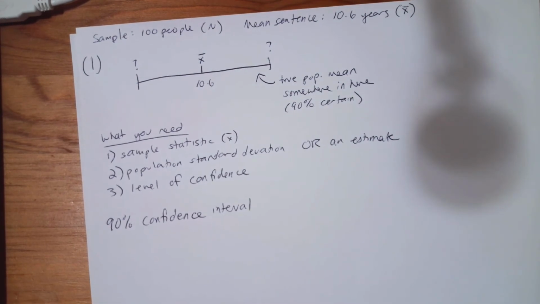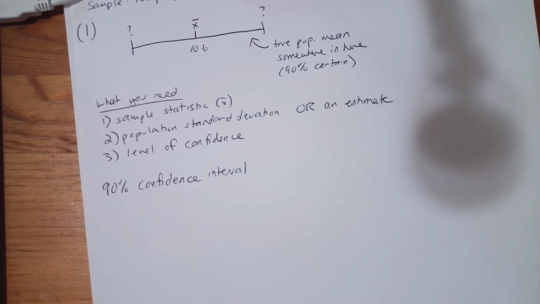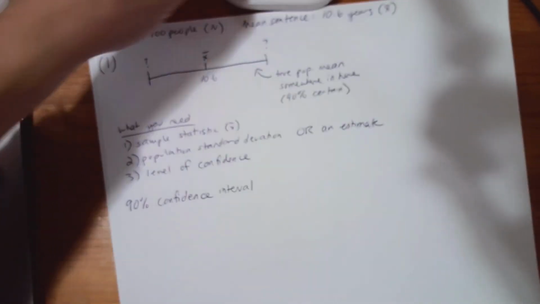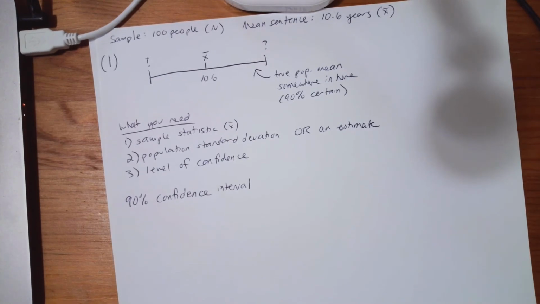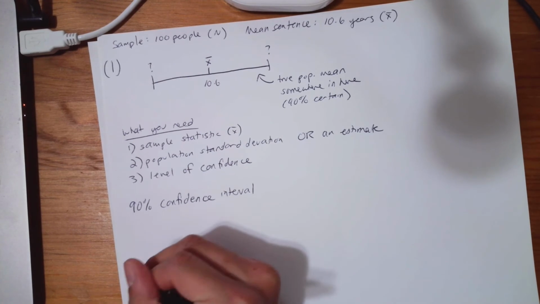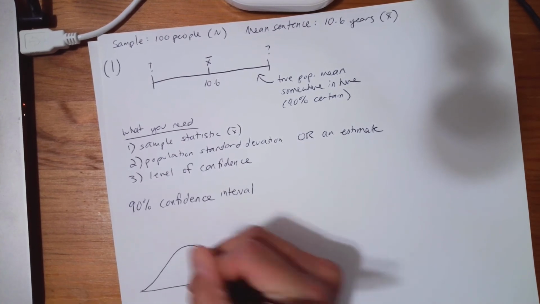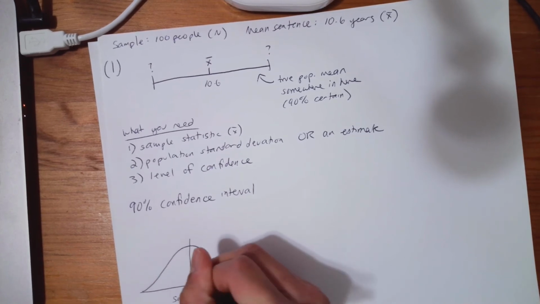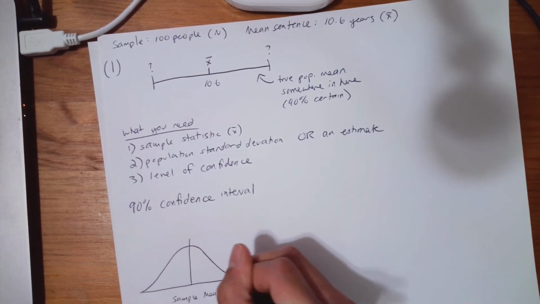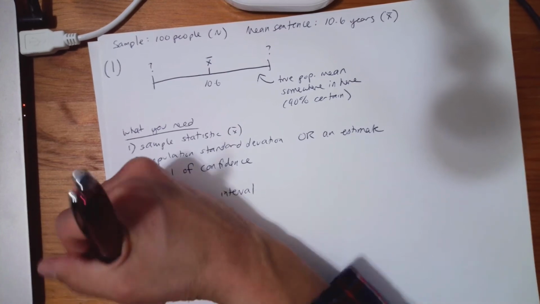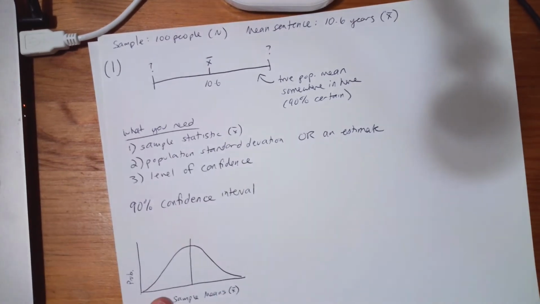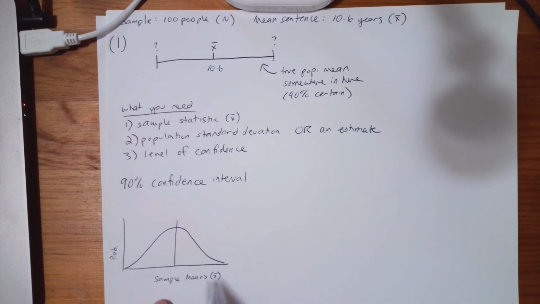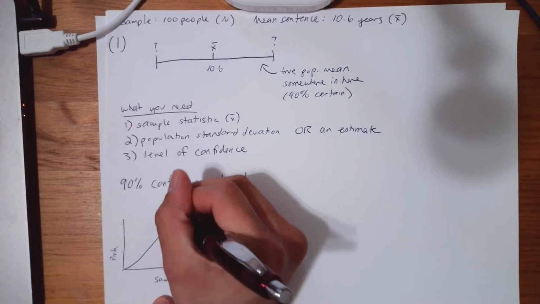And here's where we're going to pull in some ideas from last week. So what we learned last week is that in a sampling distribution, you have all the possible sample means that you could get. So let's say this is 10.6 here.